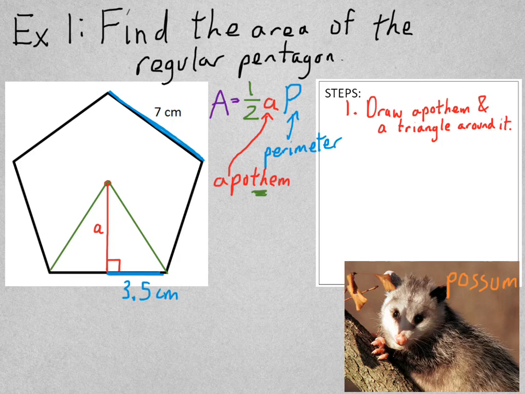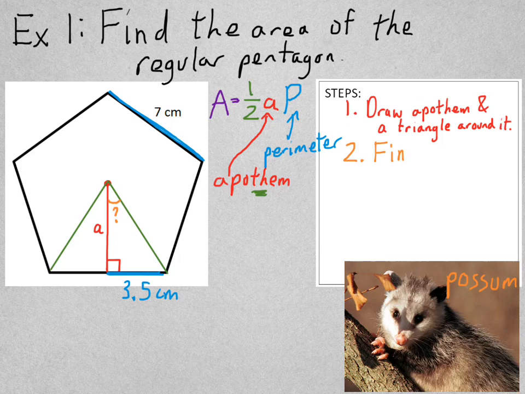That means that this half of the segment is 3.5 centimeters. So I know one side of that triangle already. So if I knew that angle up there, then I could use trigonometry to find the value of A. That's what we're going for.